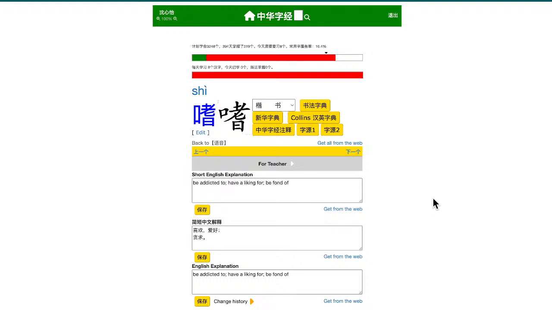It's called 嗜. So basically this describes a condition where a person likes something to a degree similar to addiction. So that's the basic meaning.